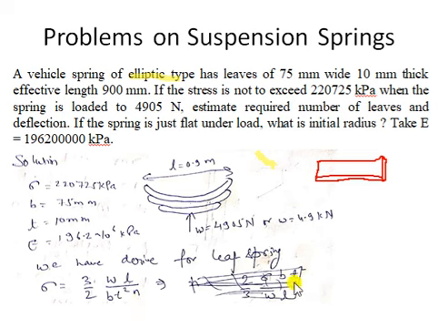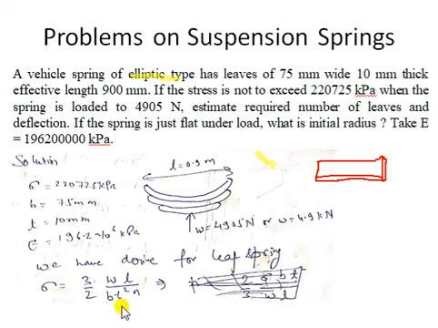W is given to me, L is given to me, and the width and thickness are given, and I need to calculate the number of leaves for the given value of sigma, which is 220,725 kilopascal. Upon substituting these values, I will take N to this side and put sigma over here.